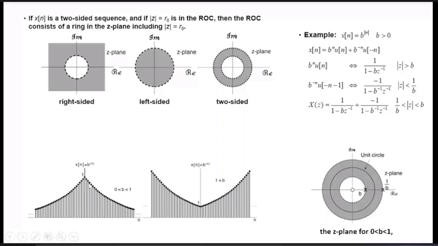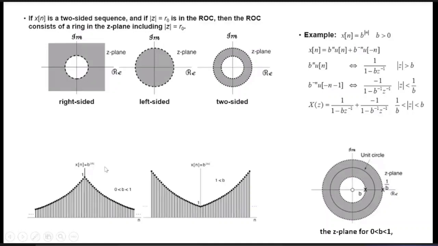Similarly, on the negative side, the signal is b to the power minus n. This will also decrease because n is negative. When n is minus 1, b to the power minus of minus 1 is b to the power 1 only.